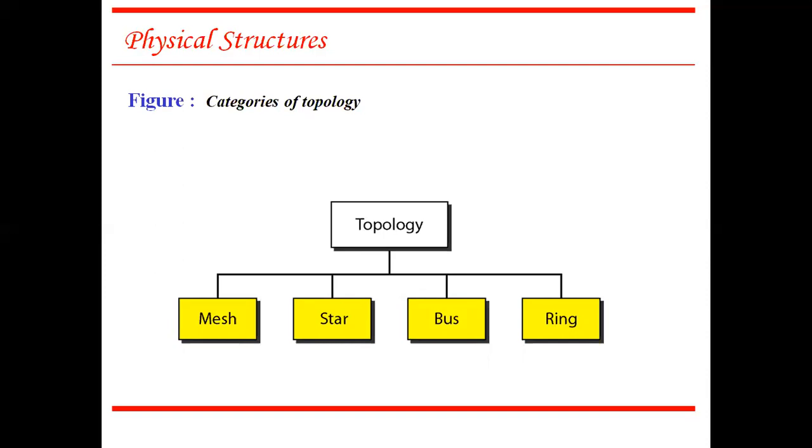There are four basic topologies possible. One, mesh topology. Second, star topology. Third, bus topology. Fourth, ring topology. Let us discuss each topology in detail.